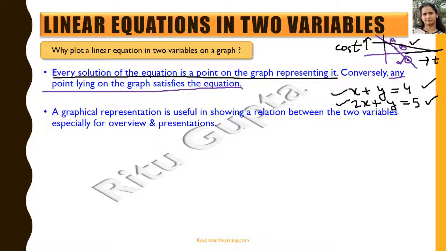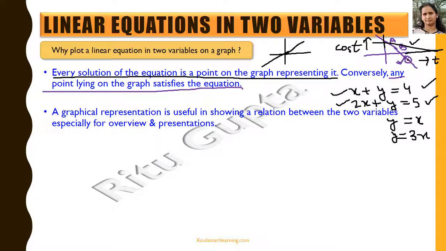So by just looking at the graphical representation, it is easier to find a relation between the two variables and decide which would be a better approach to take. Similarly, supposing we had a y equal to x kind of a graph, and a y equal to 3x kind of a graph. The y equal to x graph would be something like this.